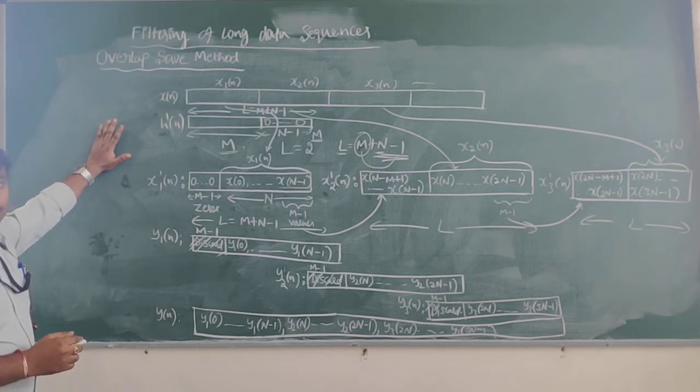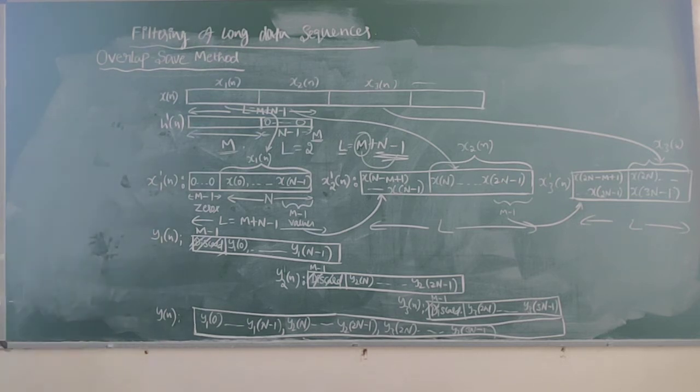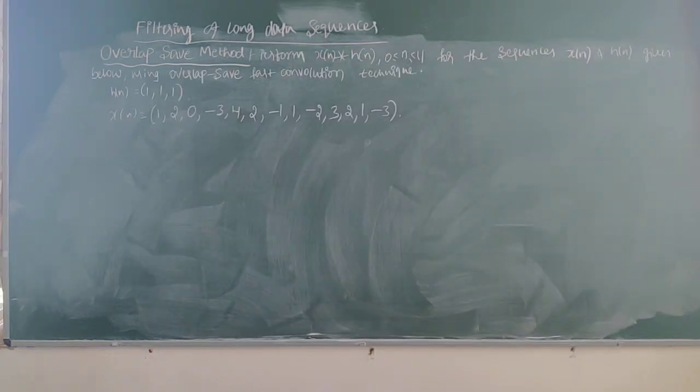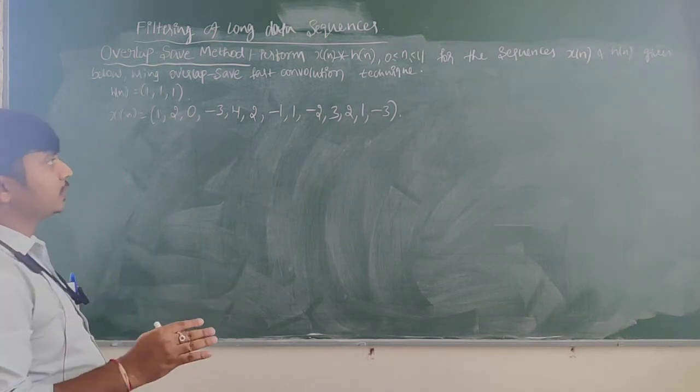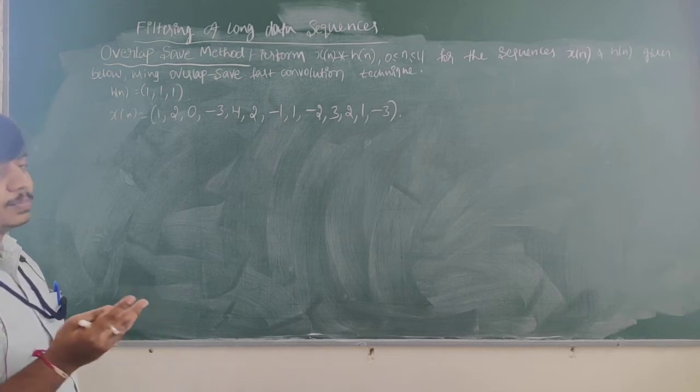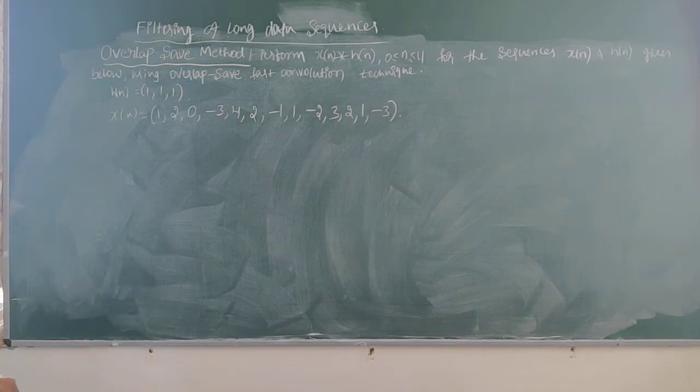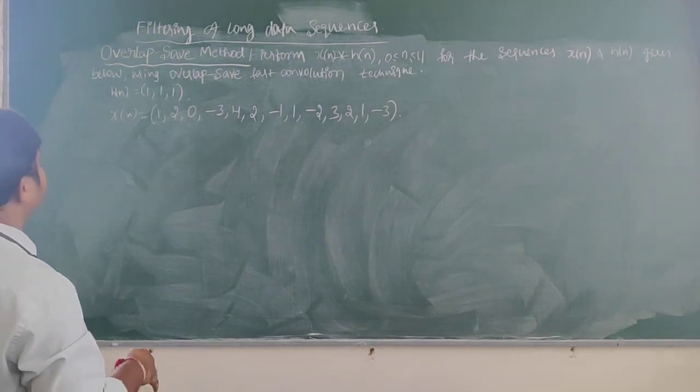So we shall solve one problem so we will understand clearly. This is the same problem which you have solved for the overlap add method. Now we shall solve this problem for the overlap save method. So h of n is given, x of n is given.